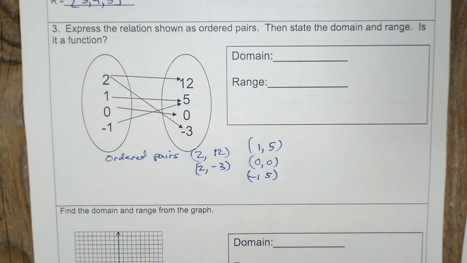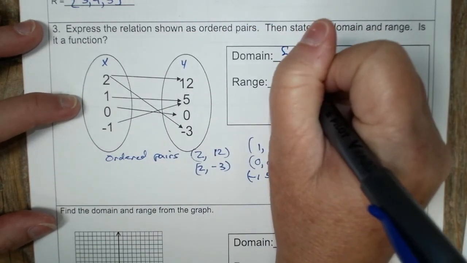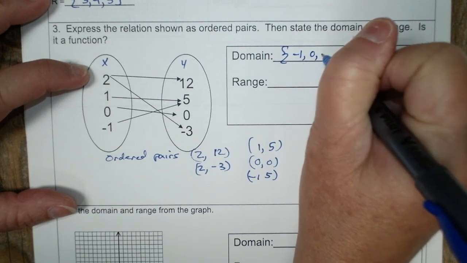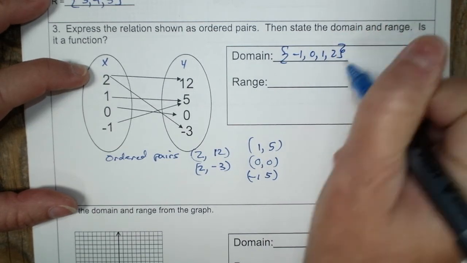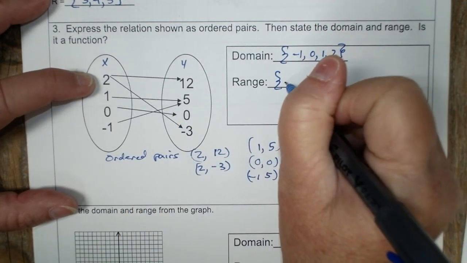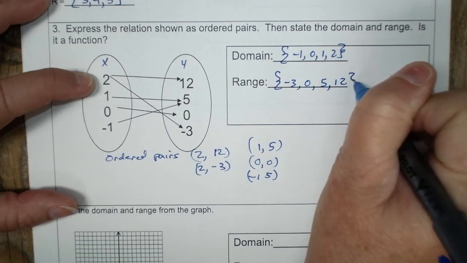Those are my ordered pairs. My domain, there are my x's, my range is my y's. Set notation: -1, 0, 1, and 2. My range are my y's: -3, 0, 5, 12.